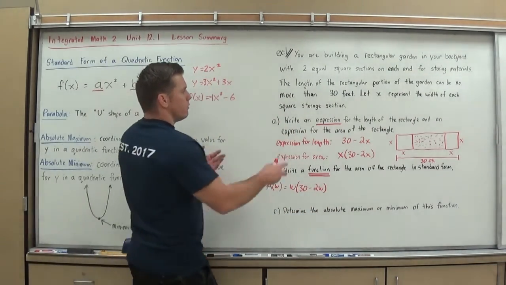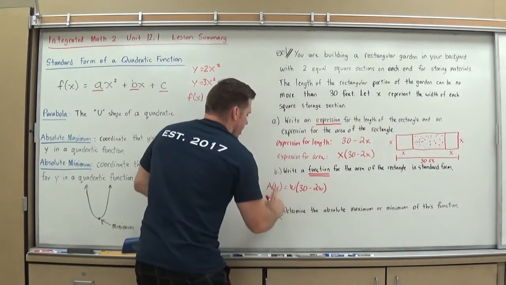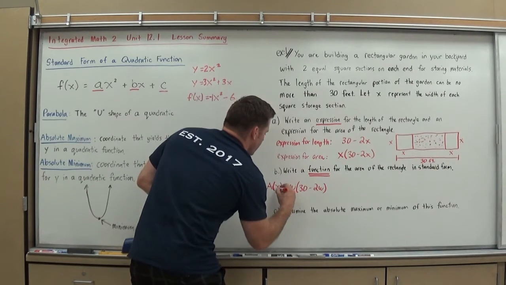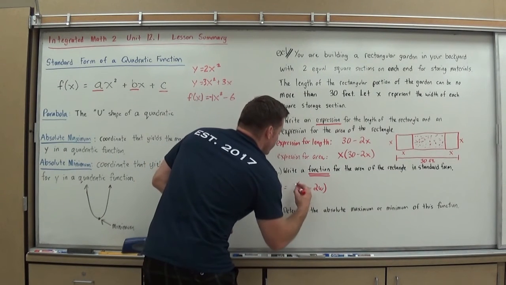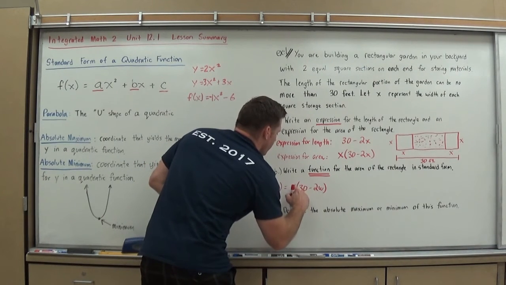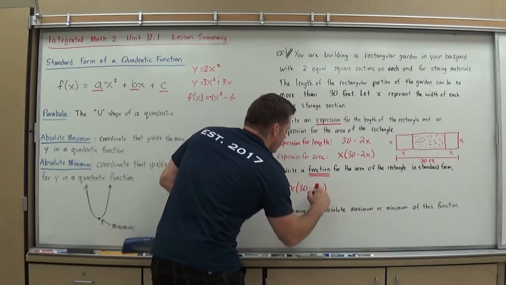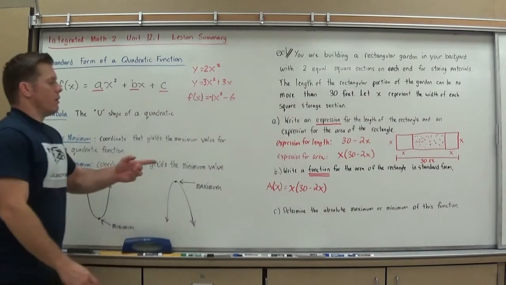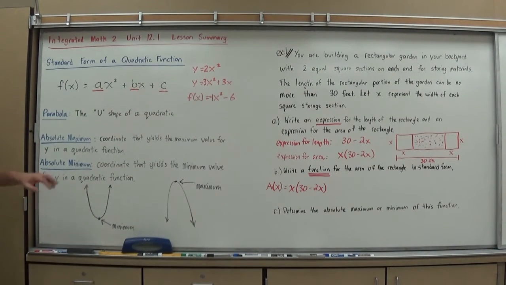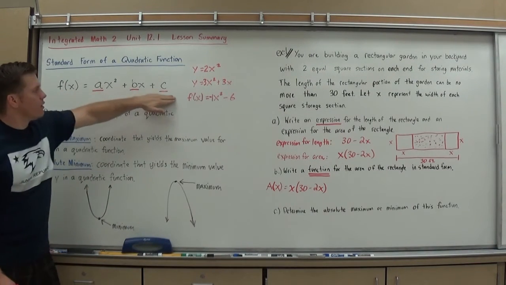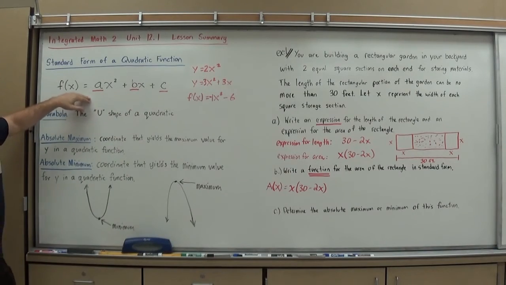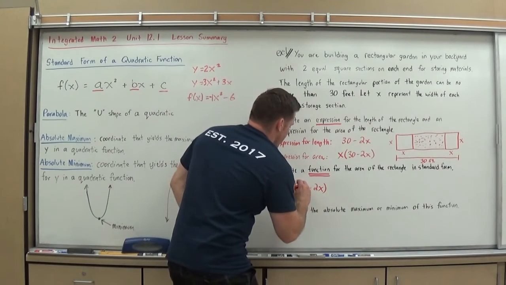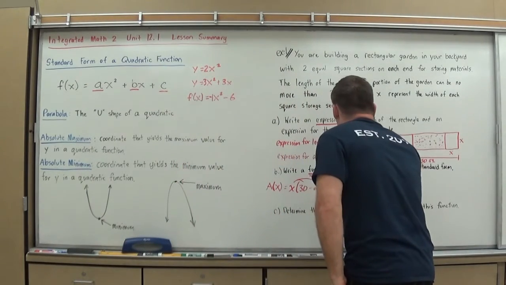Okay? Now, here it said let x represent the width for this particular problem. So I do want to stick to the variable that they told me. But if it doesn't give me a variable and I'm choosing, you can make it whatever you like. Whatever your little heart desires. Okay? However, it says write this function in standard form. And standard form is supposed to look like this for a quadratic. So what I need to do is undo parentheses. There's no parentheses in standard form, so I'm going to distribute and rewrite it.